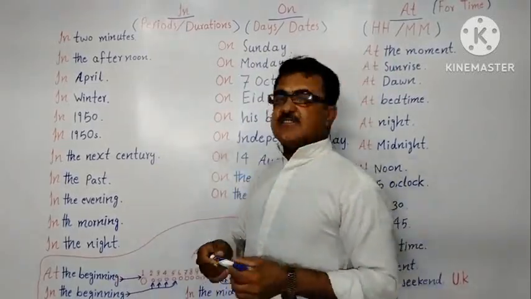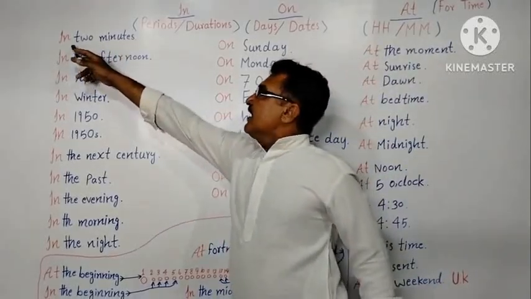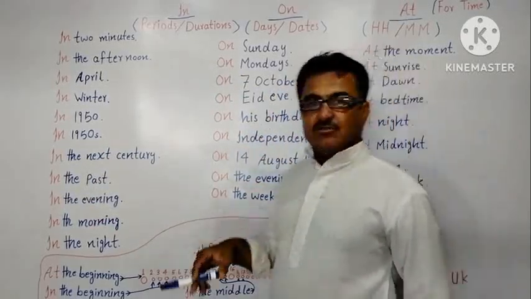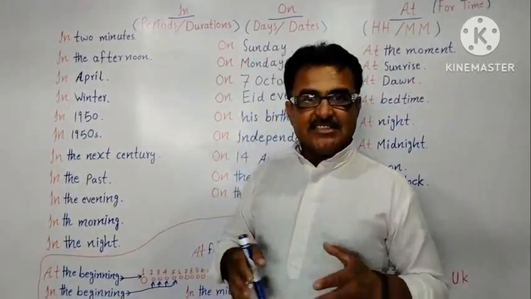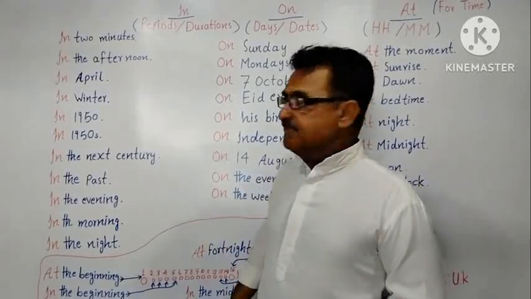Okay, so let's go to the examples without any delay. Look at the example. These written in red are prepositions. For your easiness I have written these in red so that you understand them easily.